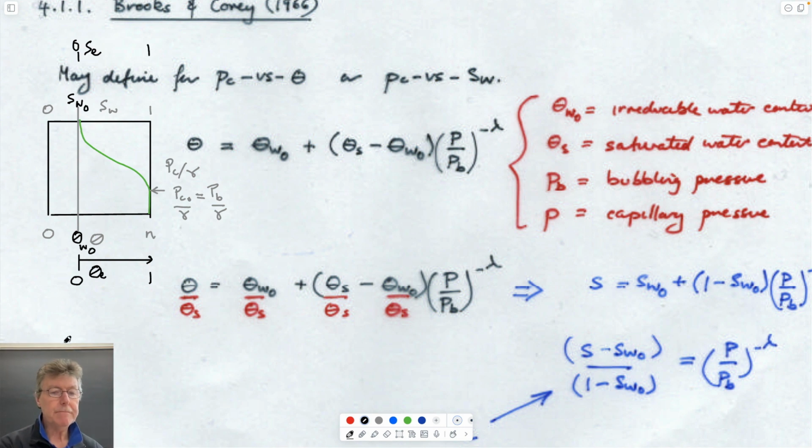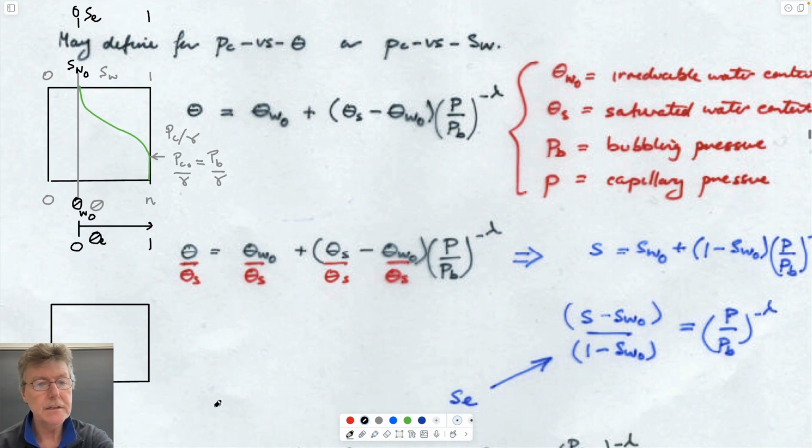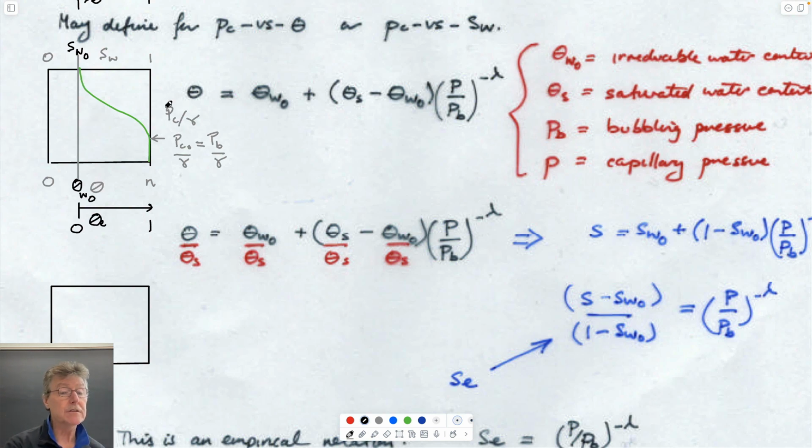The reason for doing that, if I draw this below, is that this curve was found empirically. If we took the curve above and, instead of plotting it on a natural scale as pressure versus saturation, plotted the capillary pressure over unit weight on a log scale, I drew it too close to the line, but I'm going to be very fancy.